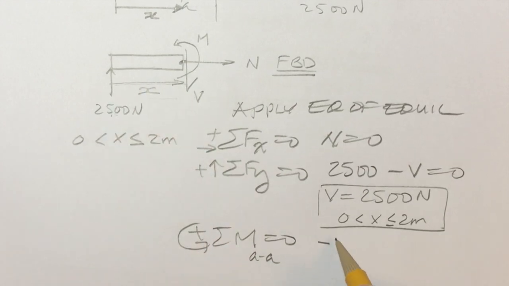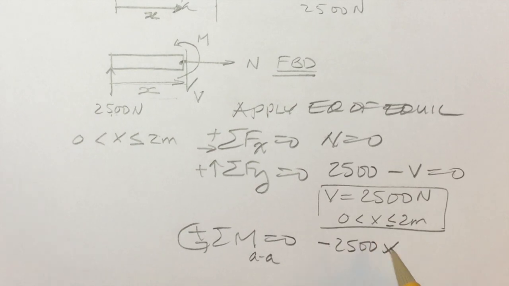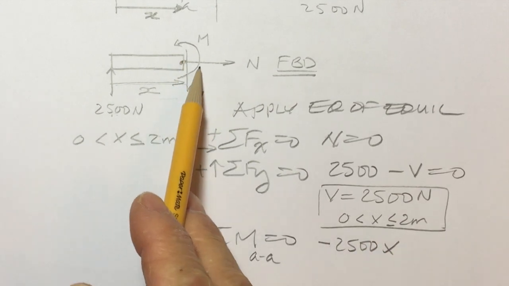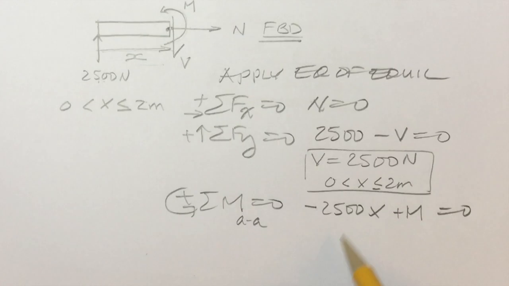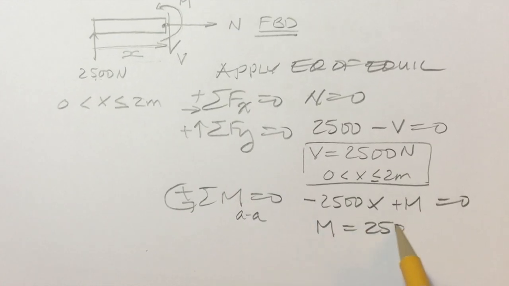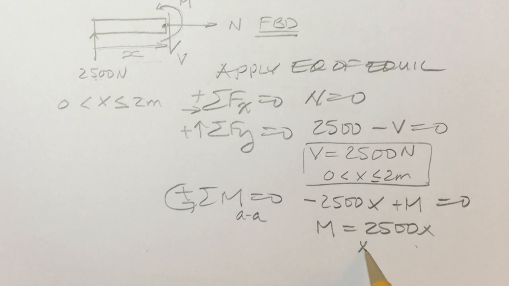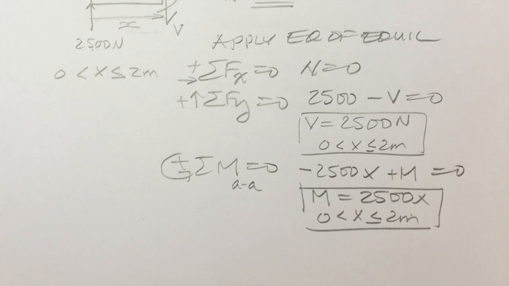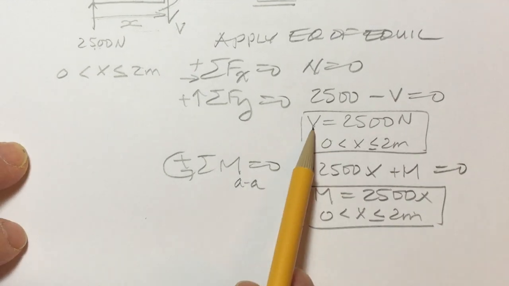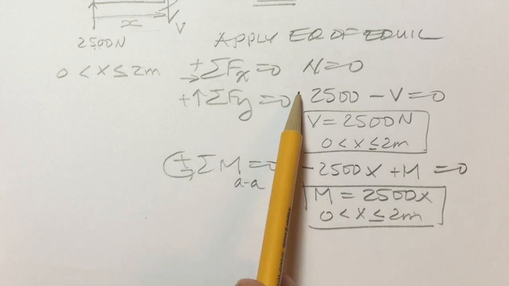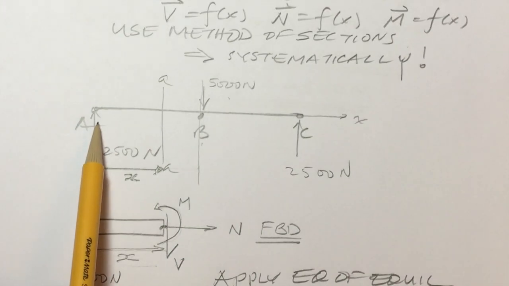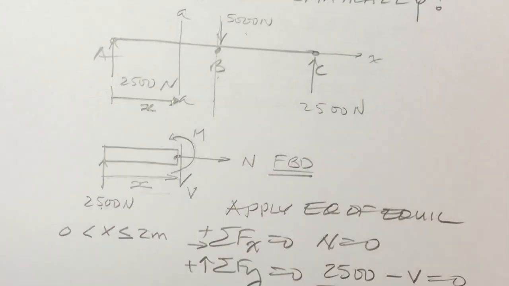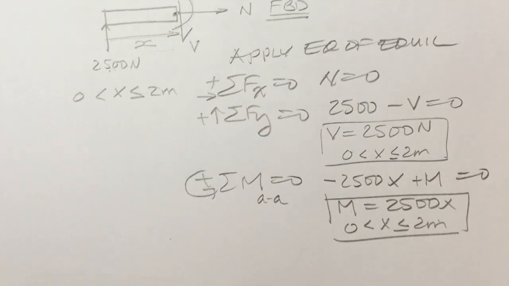That'll give me a negative 2,500x plus this moment right there is equal to 0. So moment is equal to 2,500x. That is valid from x greater than 0 and less than or equal to 2 meters. So I have found how the shear force, the moment, as well as the normal force varies along the beam from A to B. We do the same thing now for the next section.